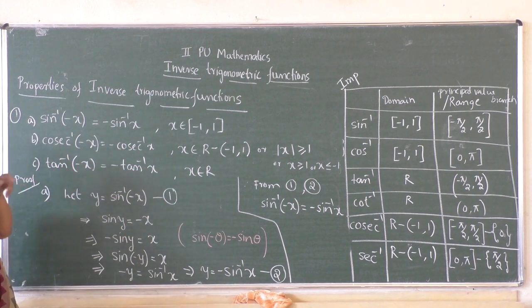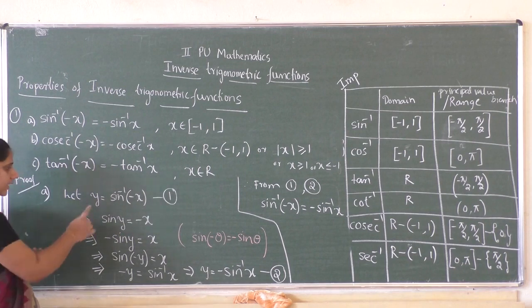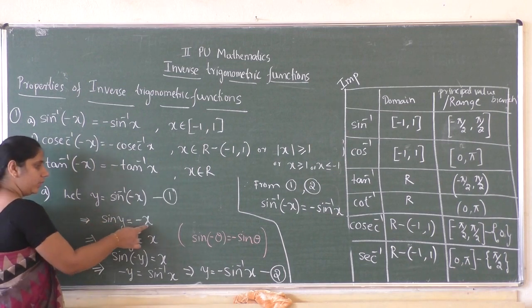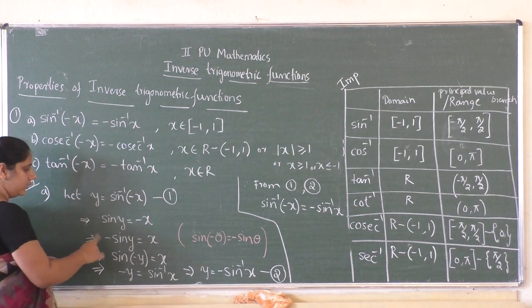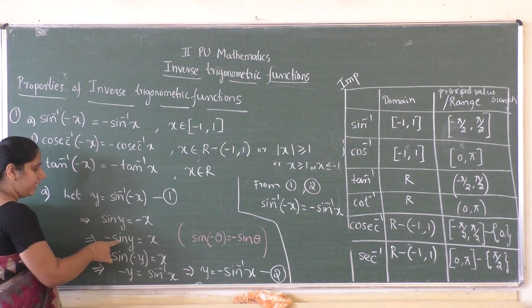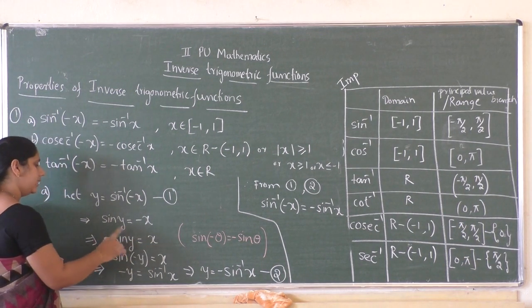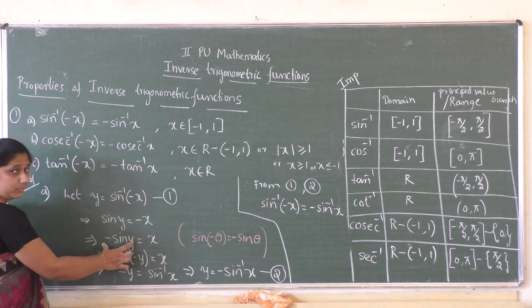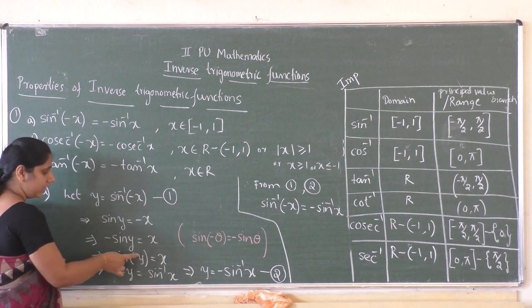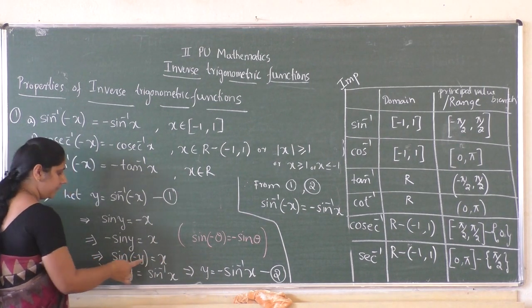So see again, we have to take, let y equal to sine inverse of minus x, then it can be written as sine y equal to minus x, then take this sign to left side, so it becomes minus sine y equal to x. Now we know that sine of minus theta is minus sine theta, so in the place of minus sine y we can write sine of minus y, so sine of minus y equal to x.